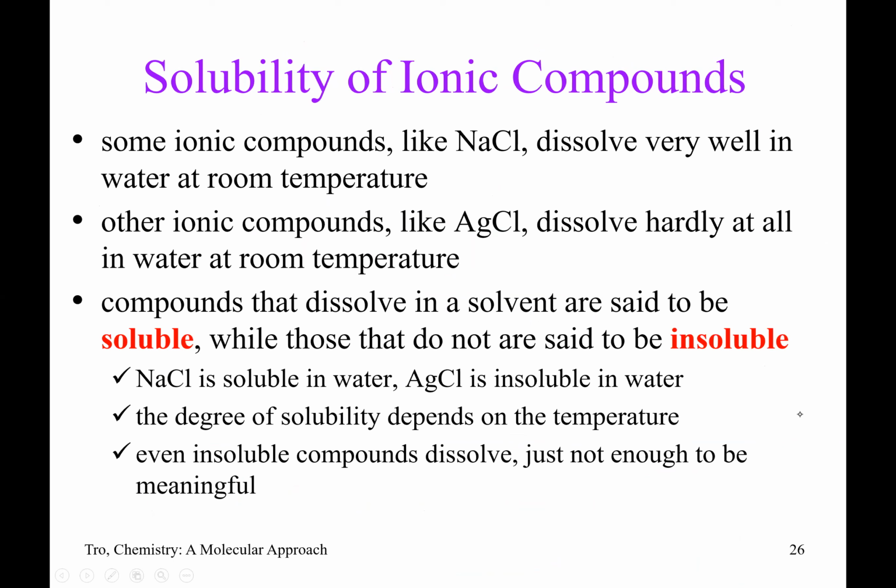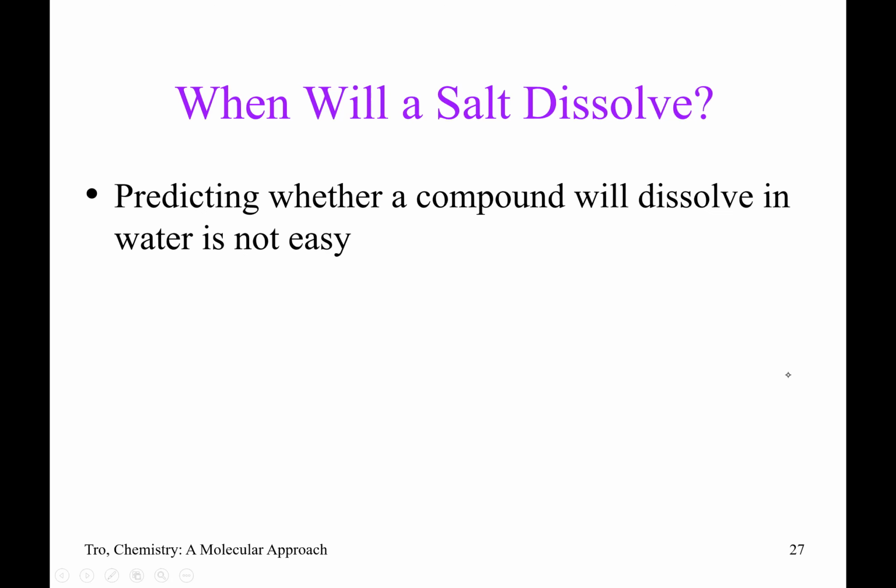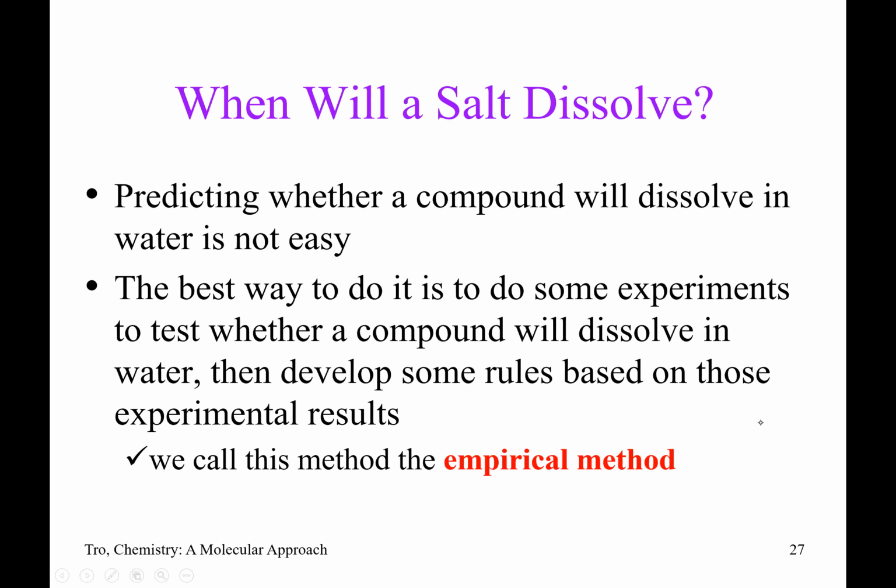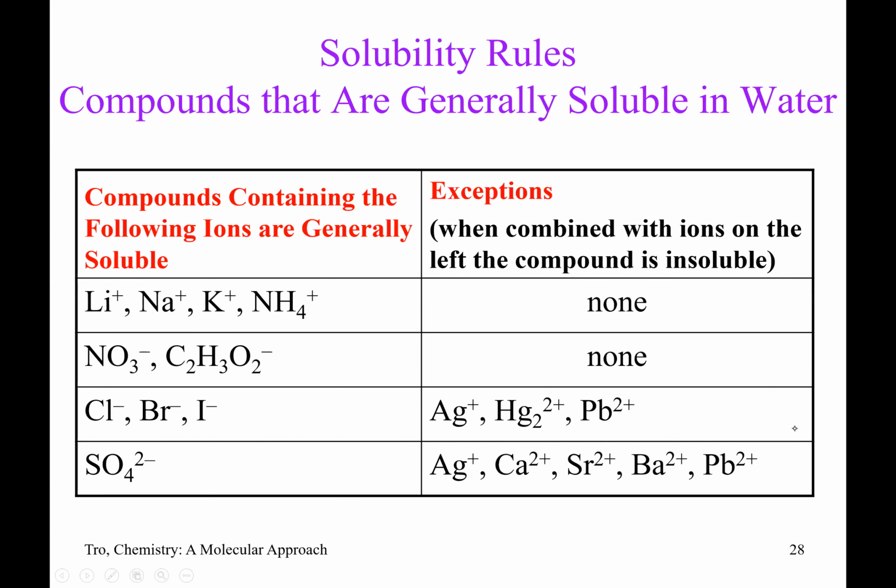In order to write net ionic equation, we need to learn about solubility, whether the compound is soluble in water or not. If a compound is soluble in water, it is going to produce ions. So you learn about the solubility rules.